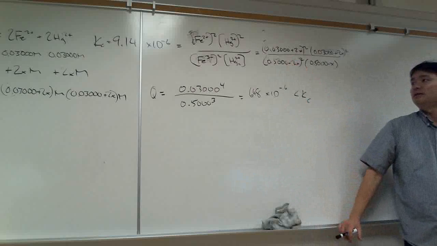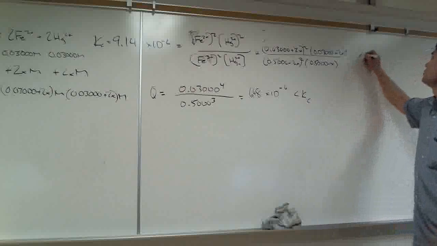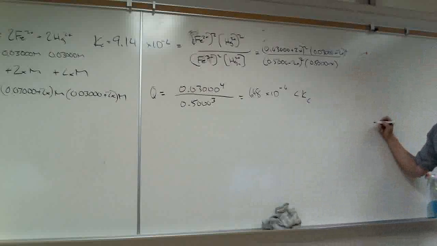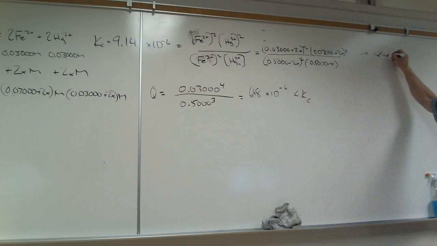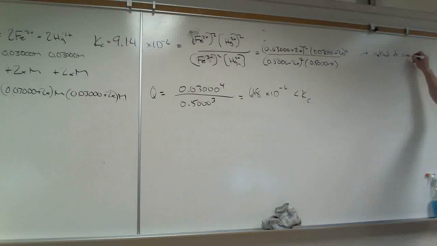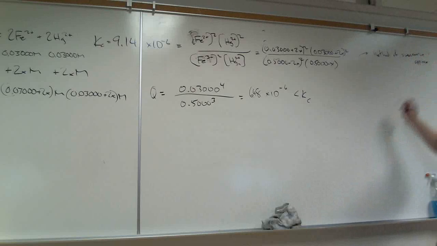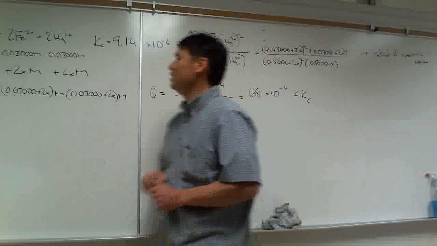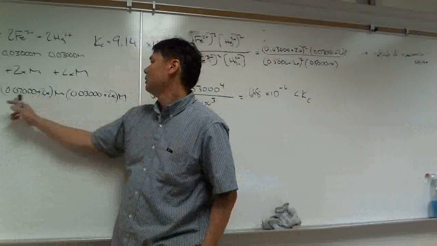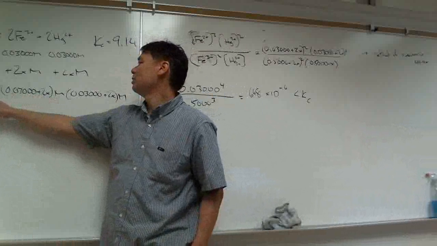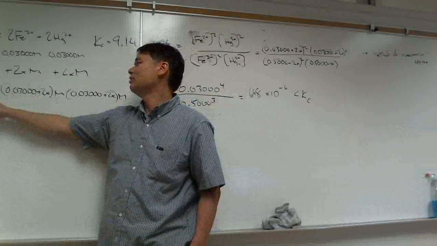The other method you have, if you want to go straight off this, is the method of successive approximations, where you guess an x. And the x has to be between 0 and 0.2500.